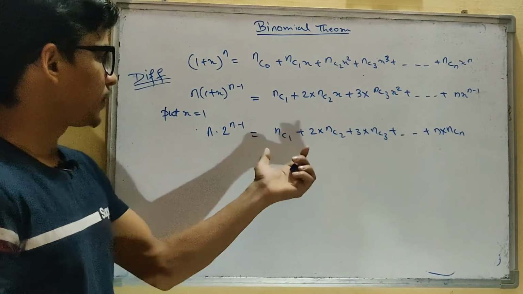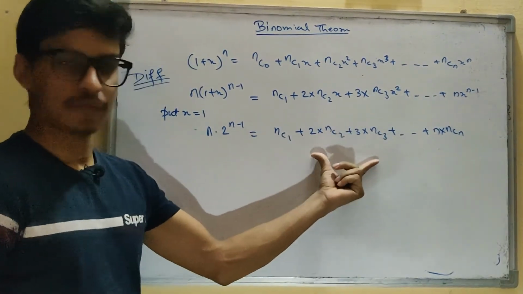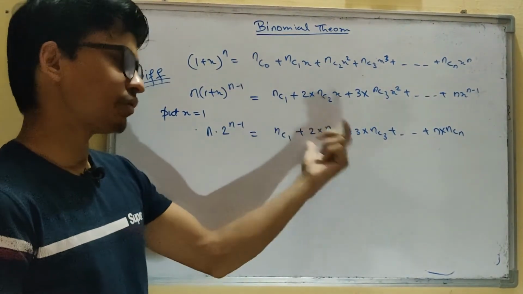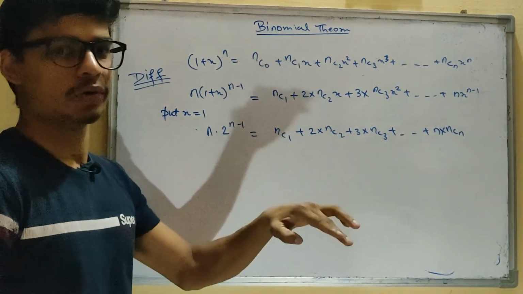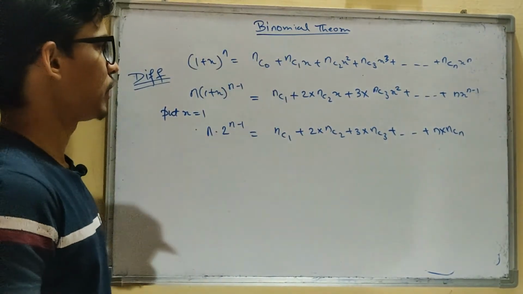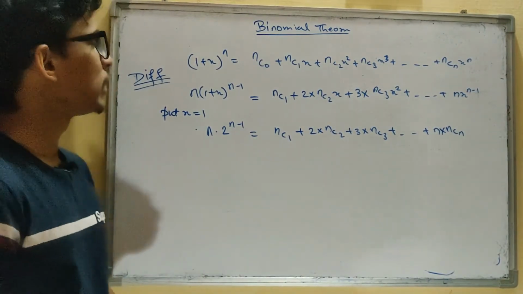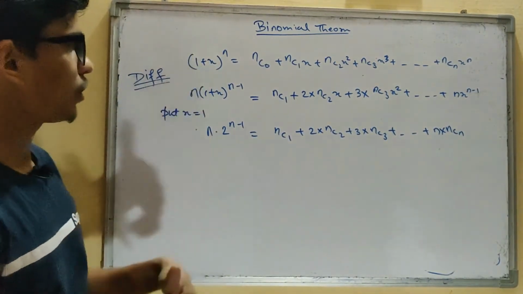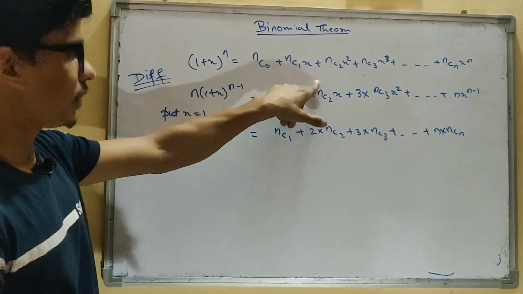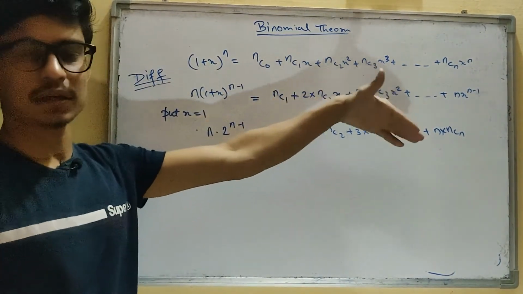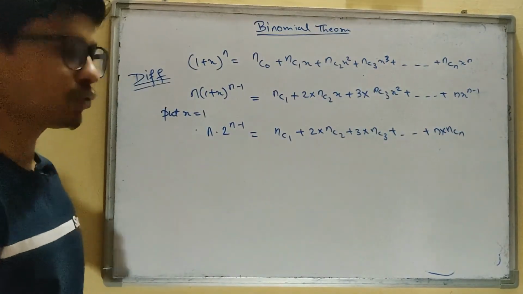So they directly ask you to find the value of this. Not this exactly, maybe they can differentiate it once more and then give you this, or they can give you a coefficient like x by 2, x square by 4, something like this. So you should know how to use differentiation.